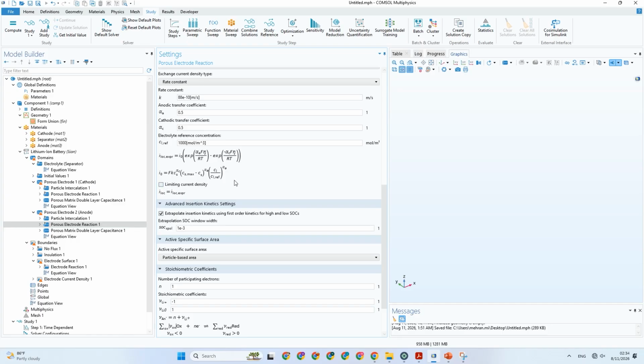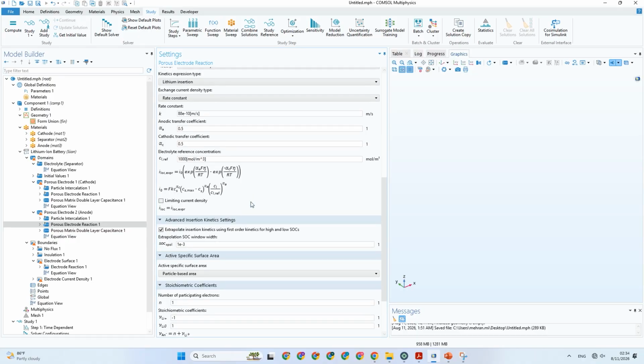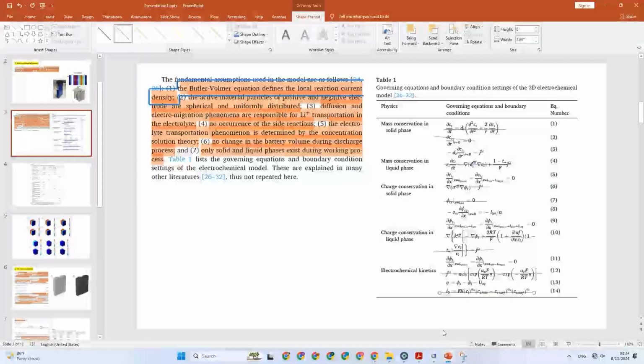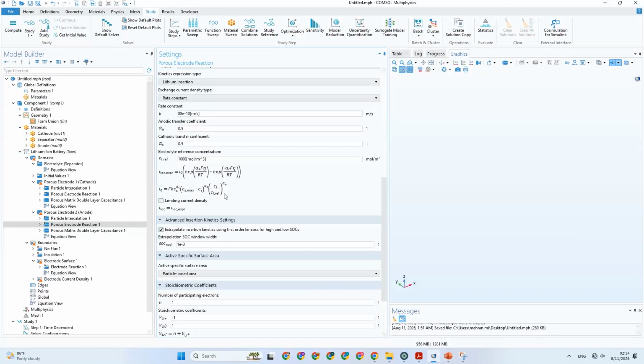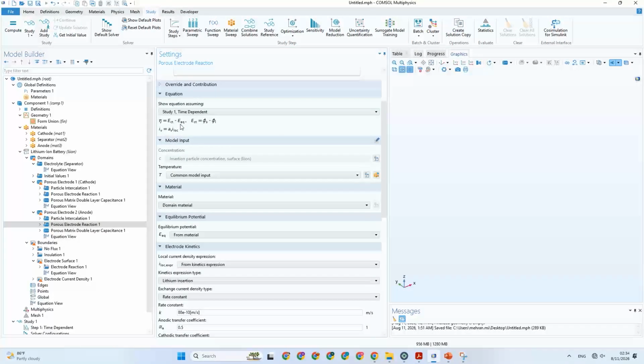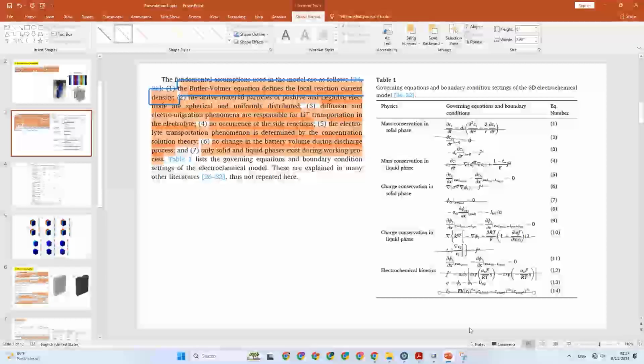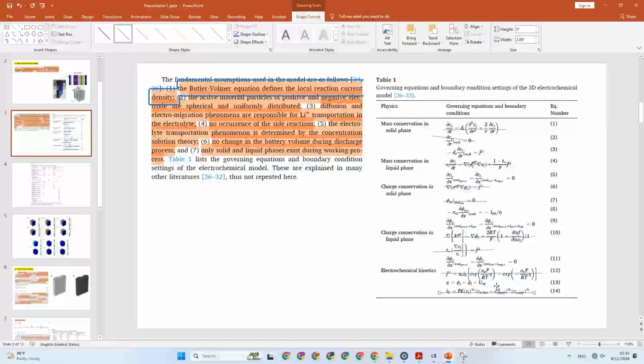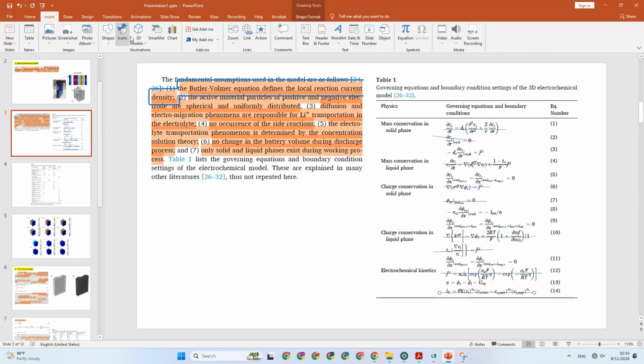This box, I mean. Oh, okay, but we forgot to. Eta is phi s minus phi l. Eta, where is eta? Not provided here. Maybe in equation. Yes, in equation we can see eta is ECT equal. ECT is phi s minus phi l minus EQ. Okay, EQ here is UEQ. It is the same. Okay, but the notation is different.